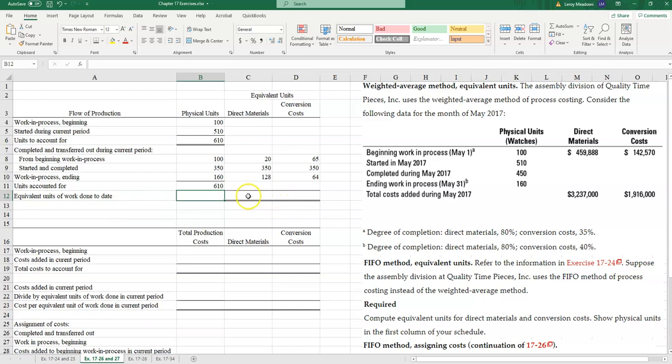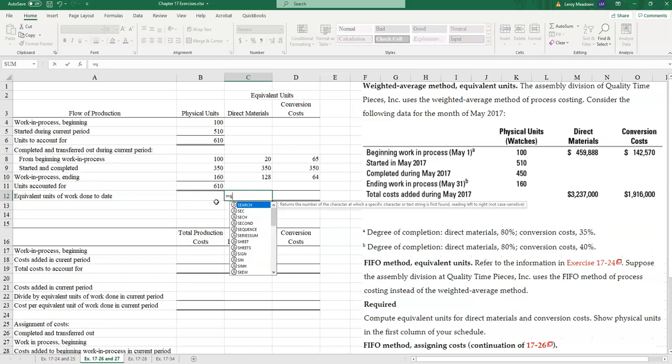So now let's compute the equivalent units of work done to date. We're simply going to take the total of the amount of work I had to do this period on my beginning inventory, add to that the amount of work I did on those units I started and completed, and then the amount of work I've already incurred this period for my ending work in process inventory.